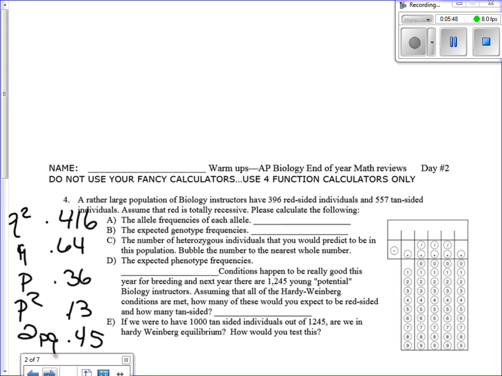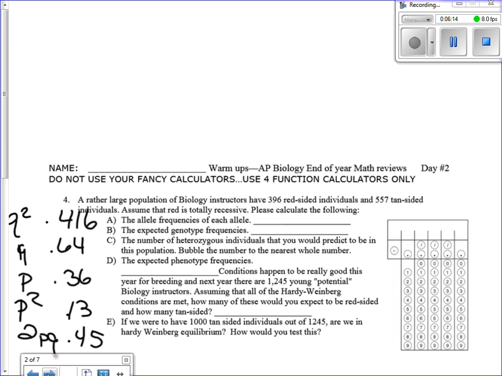Okay, conditions happen to be really good this year for breeding, and next year there are 1,245 young potential biology instructors. Assuming all of these would be in Hardy-Weinberg, how many would you expect to be red-sided and how many tan-sided? How would you do this? No, not chi-squared.